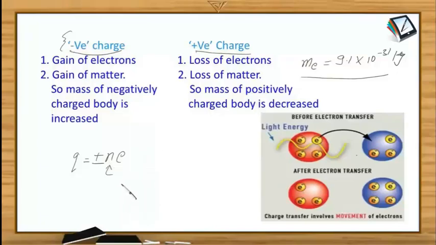And the corresponding transfer of mass will be n times the mass of a single electron. If we are aware of the number of electrons transferred, then we can multiply this number with the mass of each electron to get how much mass is transferred from one body to another.